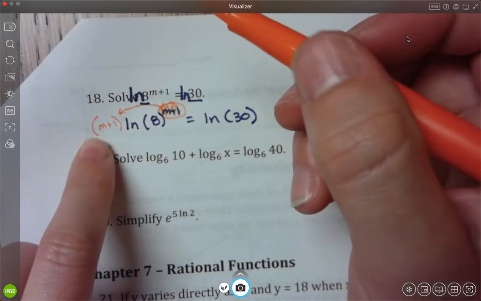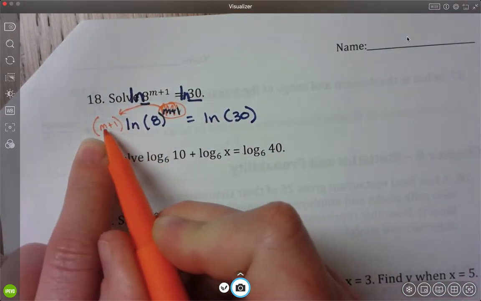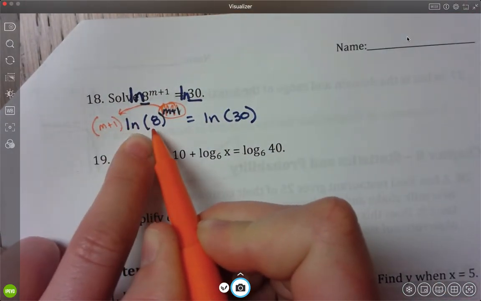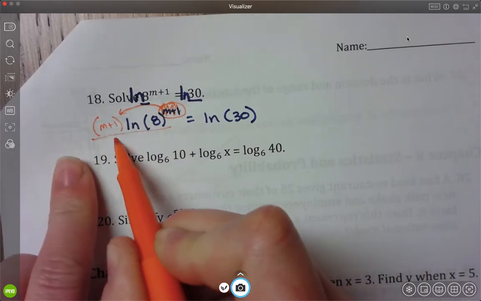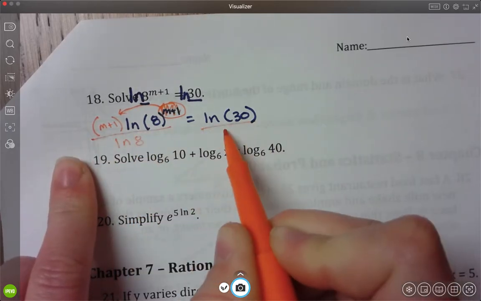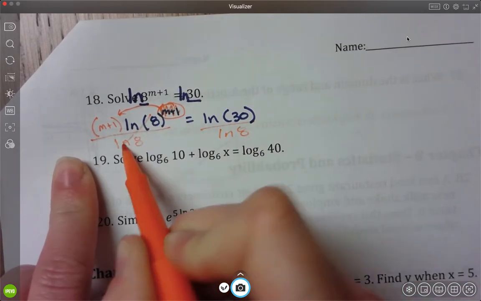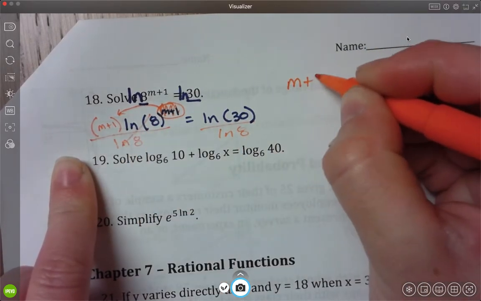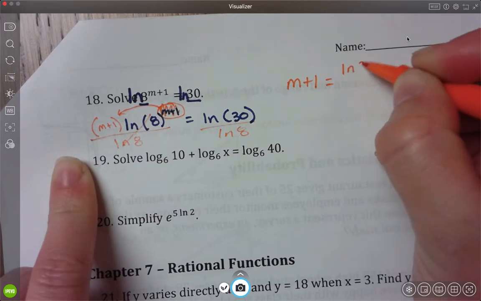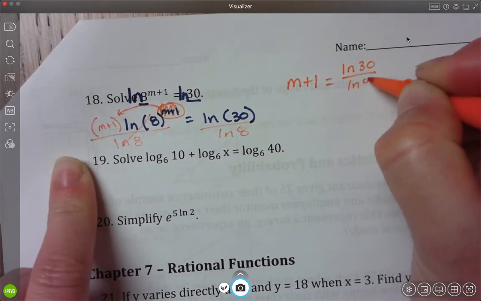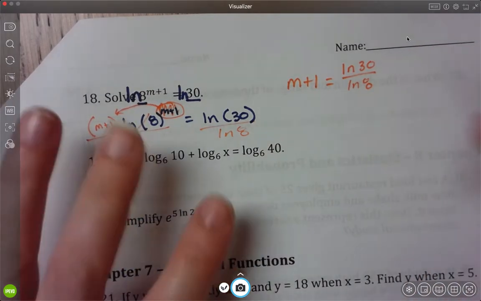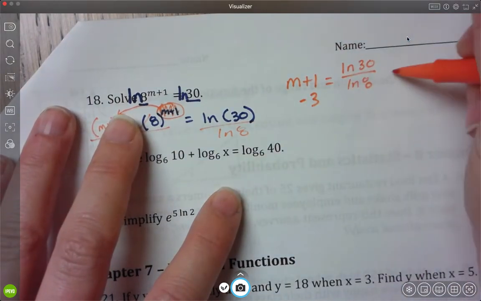And then this is m plus 1 times ln of 8. So what I can do then is divide by ln of 8 on both sides. Cross that out, and then I will have m plus 1 equals ln 30 divided by ln of 8. And then I can go ahead and subtract 1 from that, not 3.